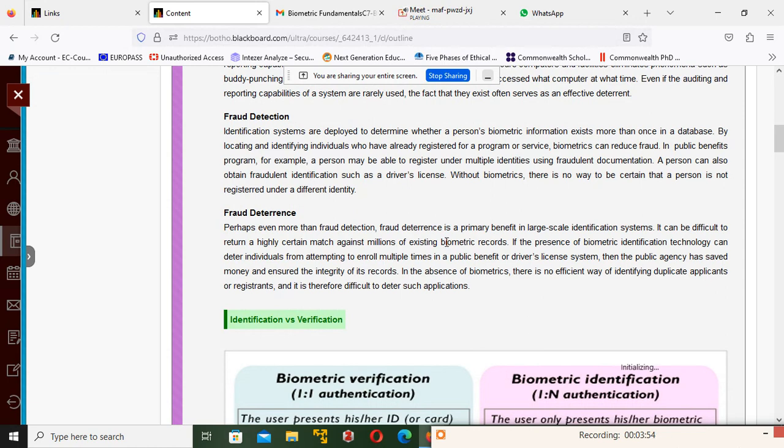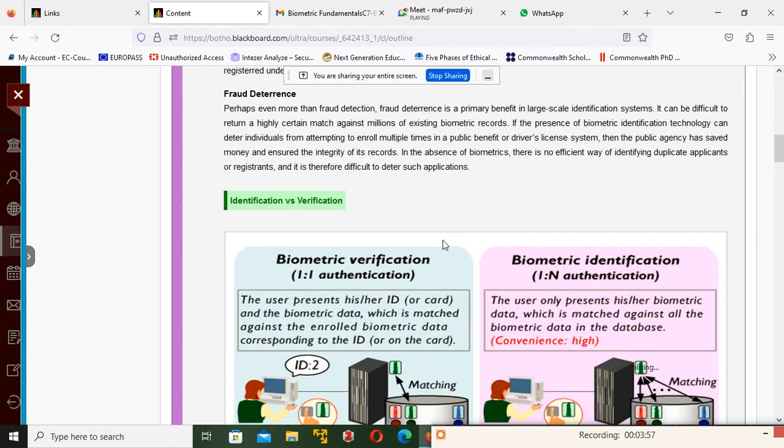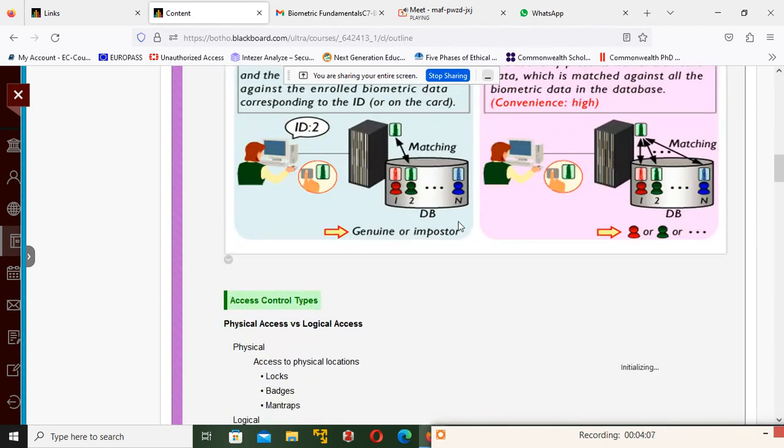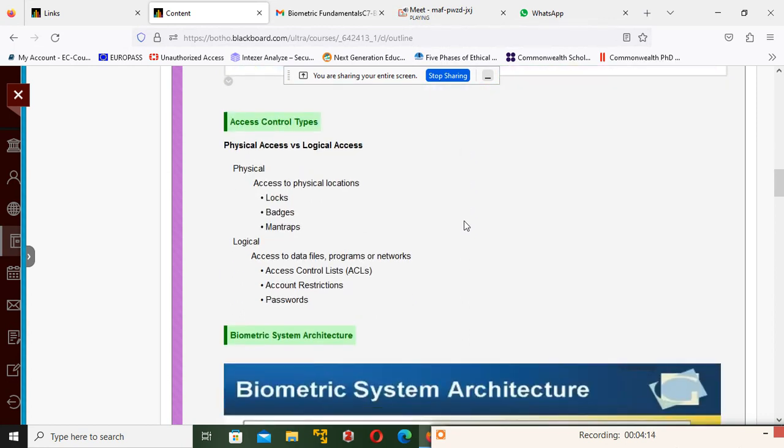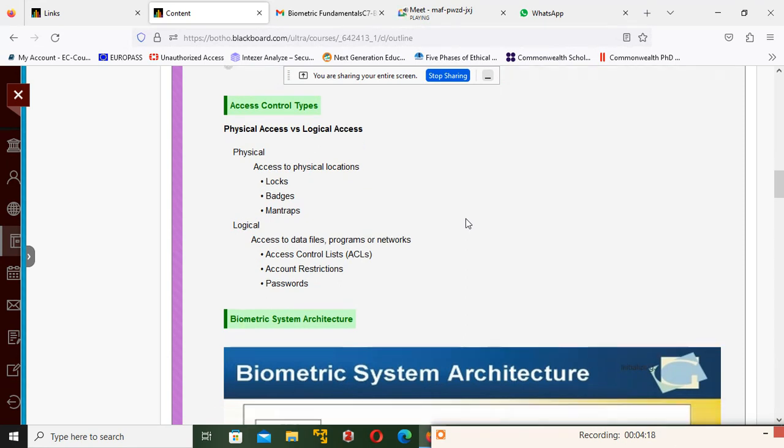You should also know the difference between verifying something, authenticating something, and identifying something. After that, you are supposed to know the differences between logical access and physical access.